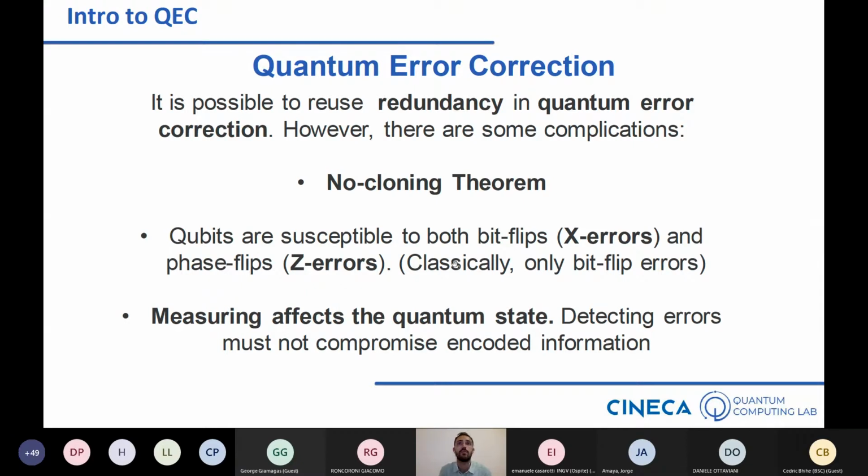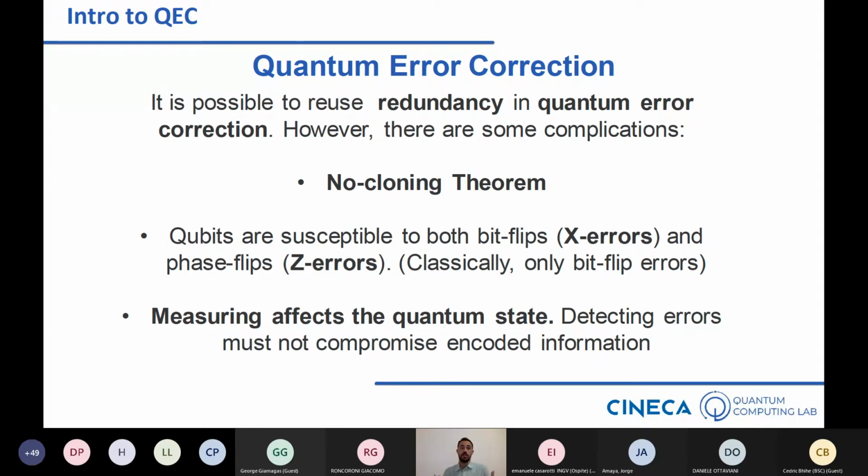The second complication is that qubits are susceptible not only to bit flip errors, like the classical case, but also to phase flip, so there are Z errors. The third complication involves measurement, because as you know, measuring the state involves disturbing the state.